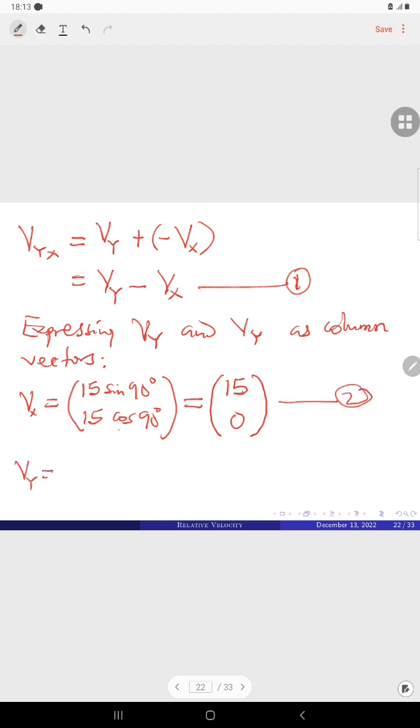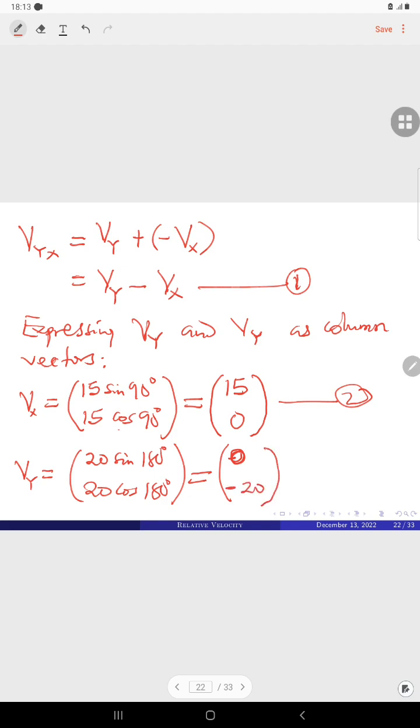Then Vy will also give us 20 sine 180, 20 cos 180. Let me check with our calculator: sine 180 is 0, and cos 180 is -1, so we get -20.